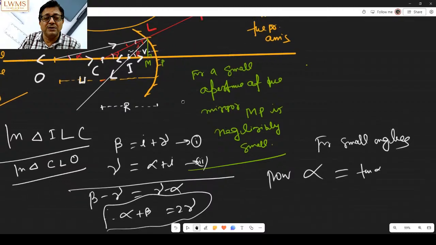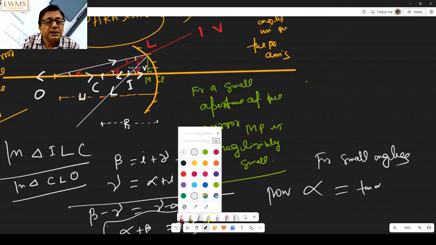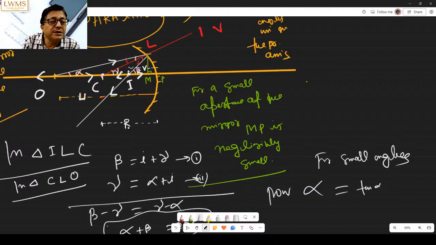Can you see the red one? No. So just let me change it. This one we have taken gamma. This is beta and this is alpha. This is I, this is I. Extremely sorry for that.